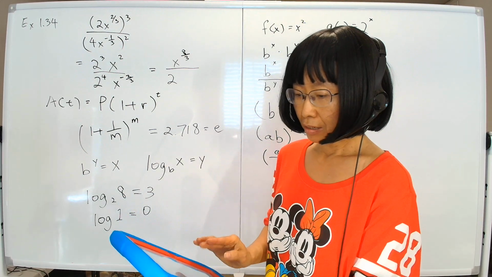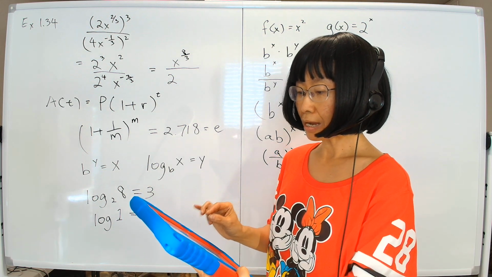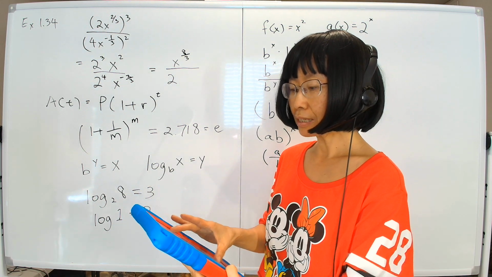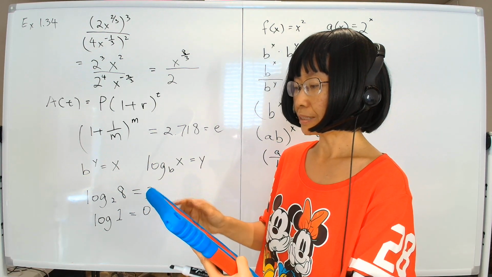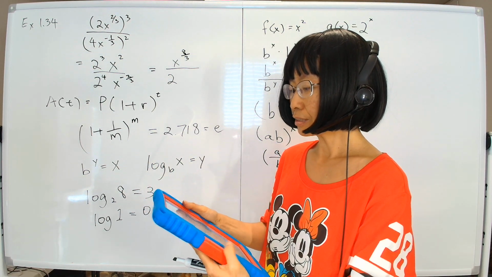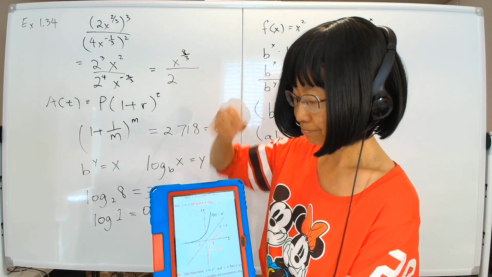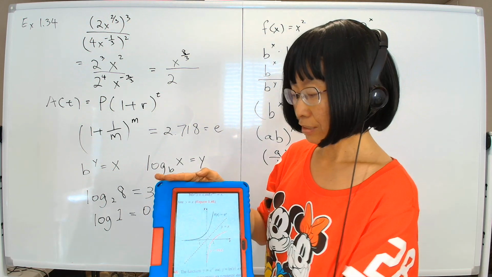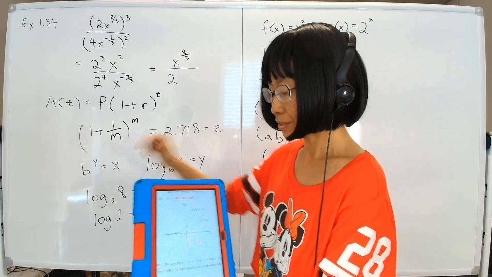Okay, let's move along. Being that the log is the inverse of the exponential function, the logarithm graph is a mirror image of the exponential function, because they're the reverse.